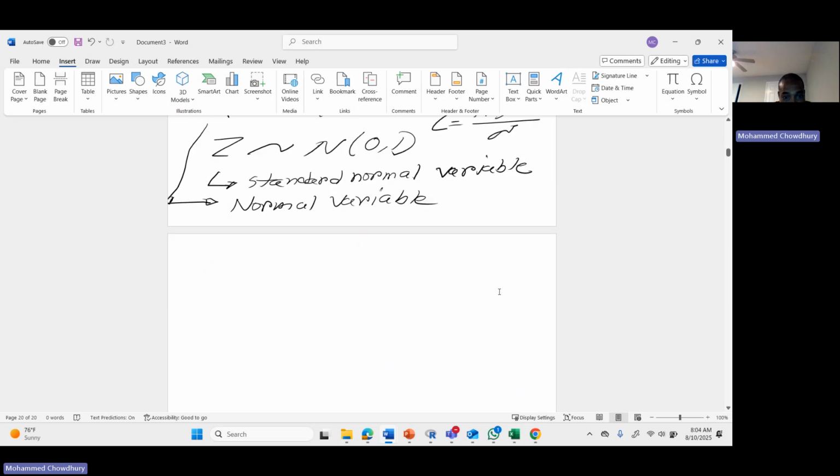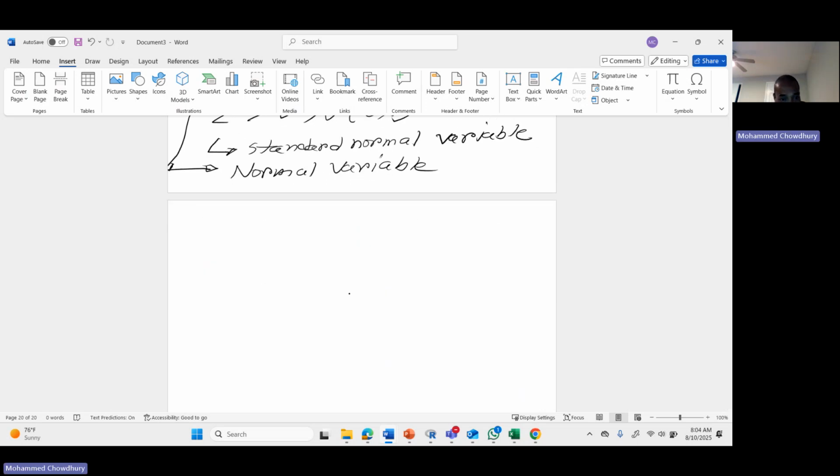Now let me write it. And z has this type of probability density function.